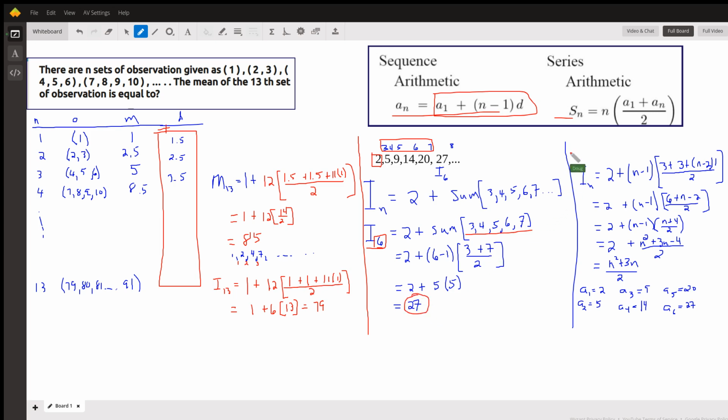And generalized, if you want to find the formula for the nth term of this sequence, it's the first term plus the number of terms, n minus 1, times the first term, which is always 3, the first difference, plus the number of terms minus 1 times the linear difference here.